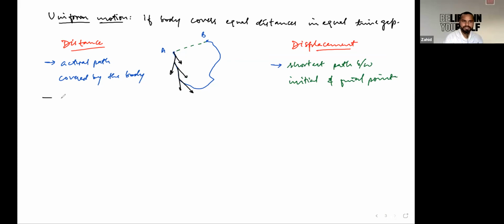So you'd say there is no fixed direction. But for displacement, there's only one path for which the path length will be shortest. So it has a fixed direction from initial to final to cover the shortest path.